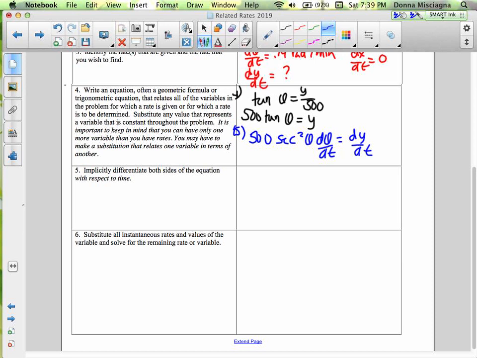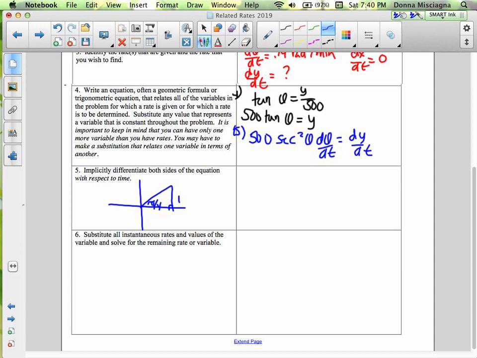Right? We've got d theta dt. We need secant squared theta. Well, let's think about what that would be. This is pi fourths. Let's put it on a coordinate plane. Unit circle. Pi fourths. So a right triangle with one angle that's pi fourths means it's got two angles that are pi fourths.